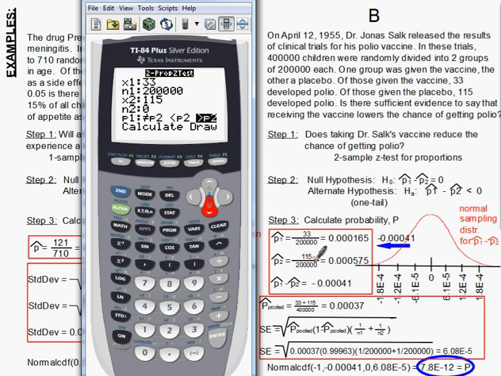And then our second sample is 115 kids got polio out of, again, the 20,000. We are looking for where the first sample is less than the second sample. That would mean, if we look at our alternate hypothesis and add P2 to both sides, it would read P1 less than P2. So that's that one, and we can calculate.